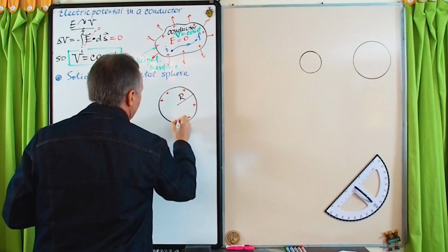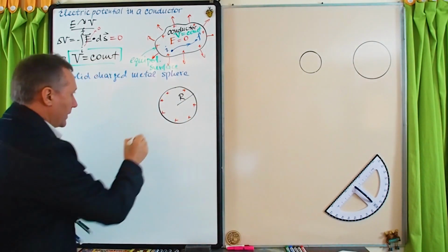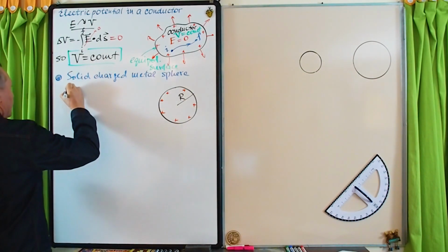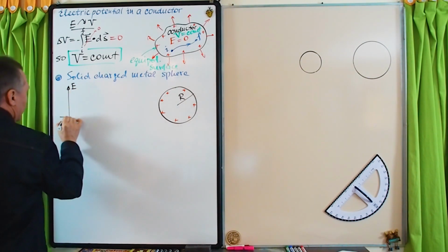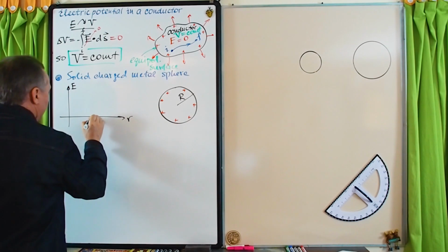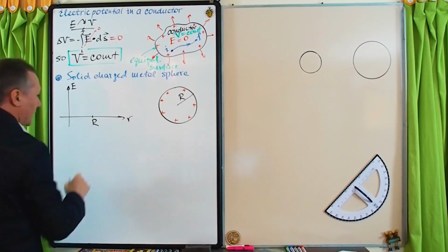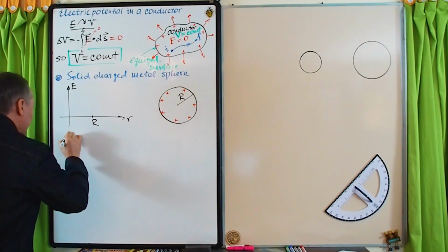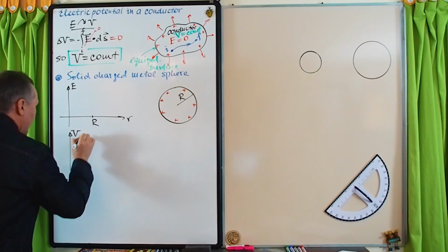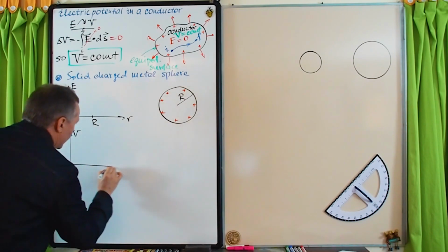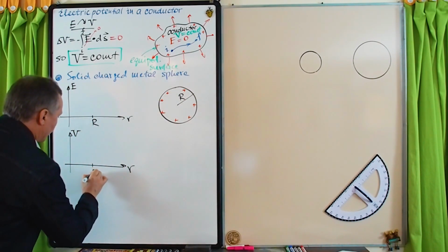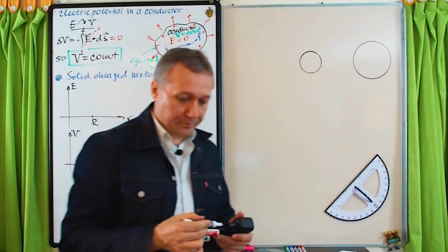And of course, any excess charge can be on the surface. And now I want to plot first the electric field versus R, and let's say this is capital R. And then I want to plot the electric potential versus R, and that is also, let's say, the radius R.